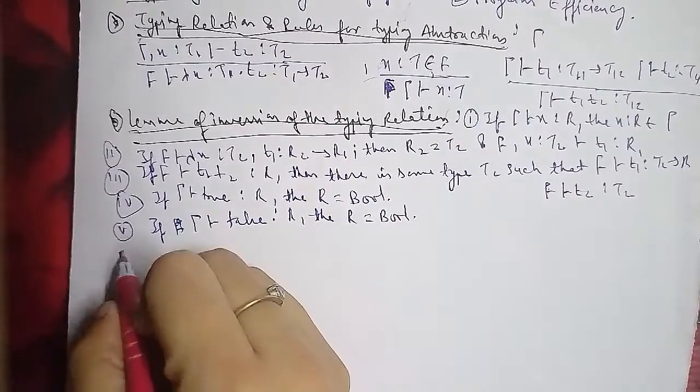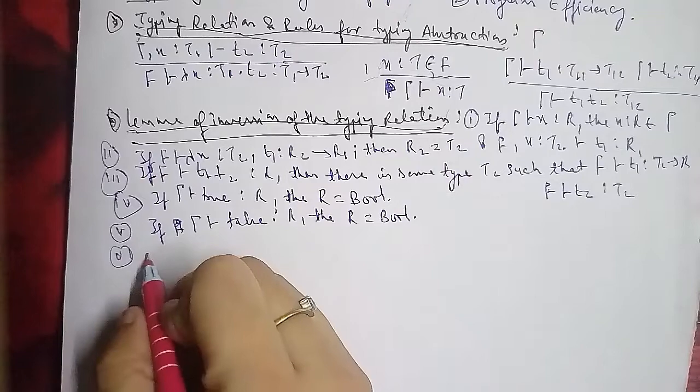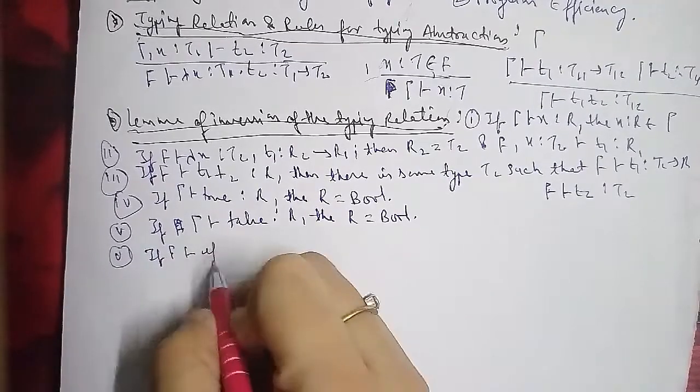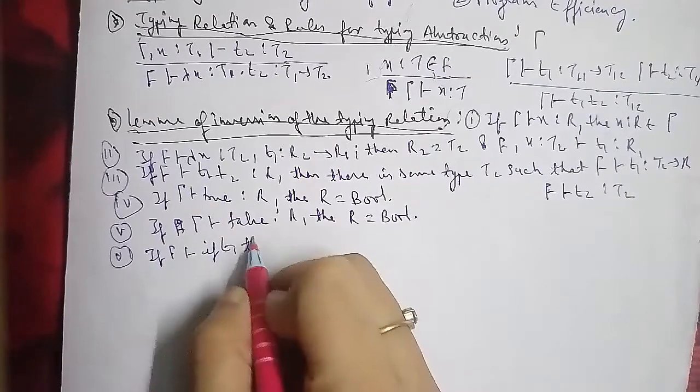This is the inversion lemma of the typing relation here. Let's go ahead with the next one which we have to discuss, to prove the uniqueness theorem here.